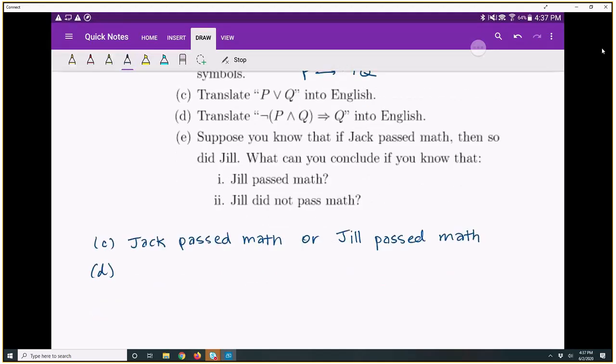So we want an implication, so I'm going to start with if, and then the negation of Jack and Jill passed math is: if both Jack and Jill did not pass math, then Jill passed math.